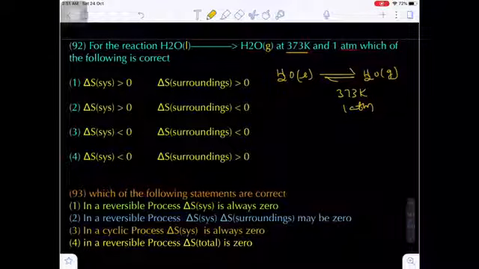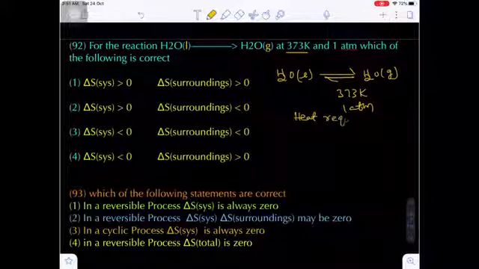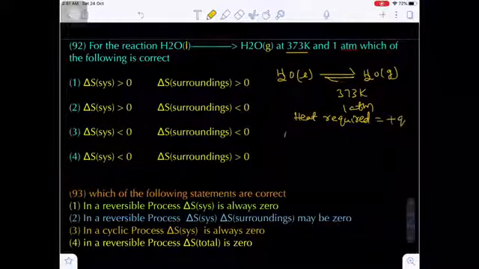This is an equilibrium process. Now the important thing is, the forward reaction is endothermic, energy required. In the forward direction, the system tries to absorb heat energy, so plus Q.